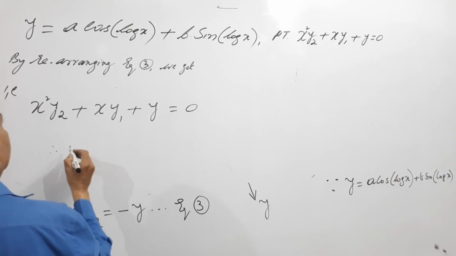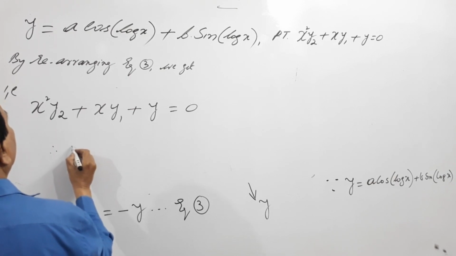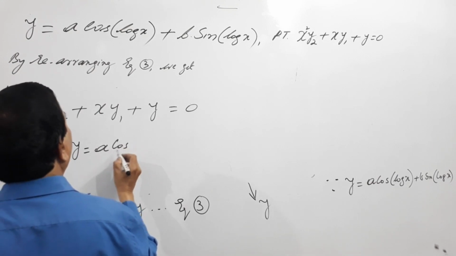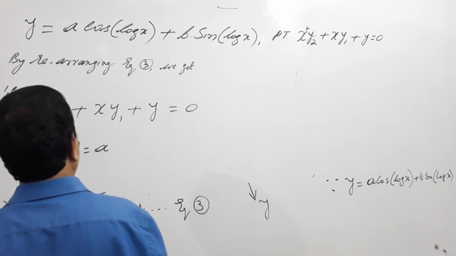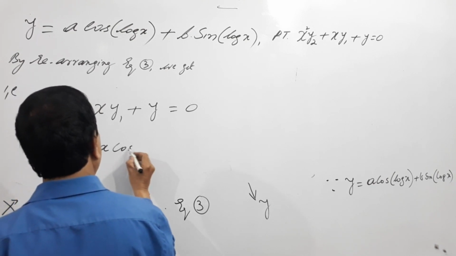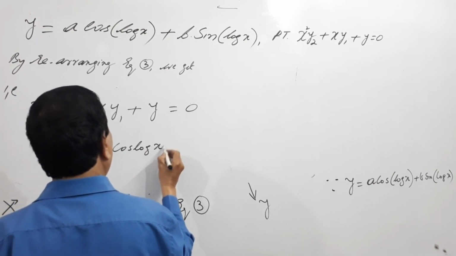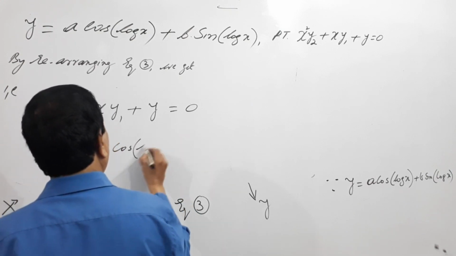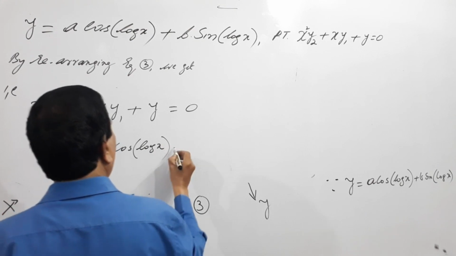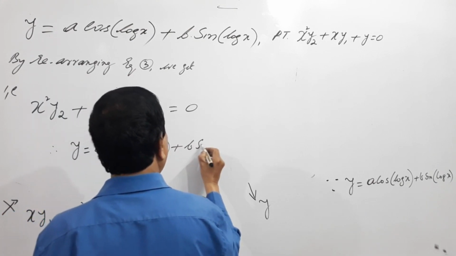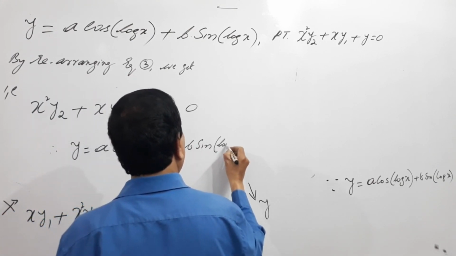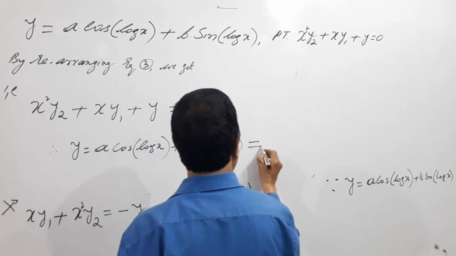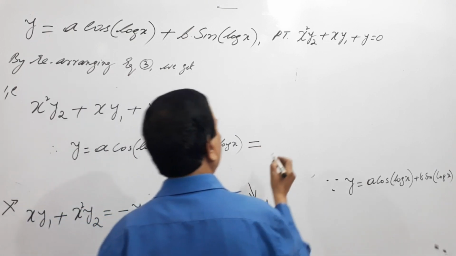Therefore y equals a cos of log x plus b sin of log x equals to what?